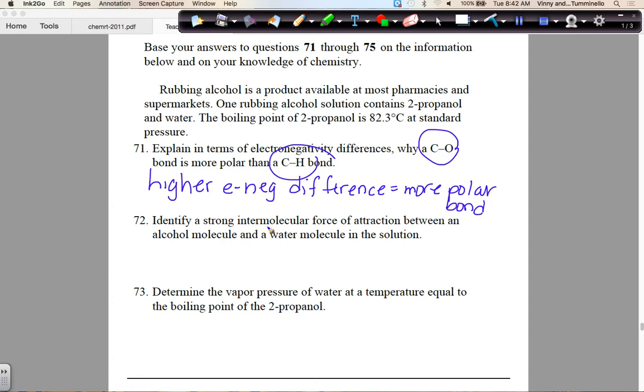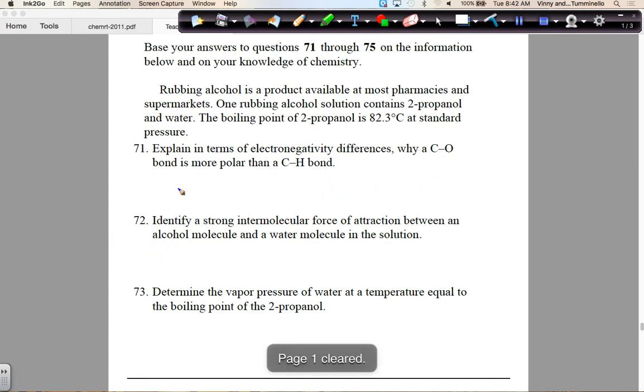Identify a strong intermolecular force of attraction between an alcohol molecule and a water molecule in the solution. Remember that our intermolecular forces of attraction are London dispersion forces, hydrogen bonding, and dipole-dipole. Since alcohol is a polar molecule, it has dipole-dipole forces.